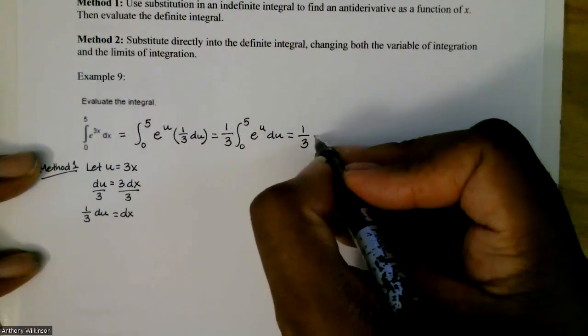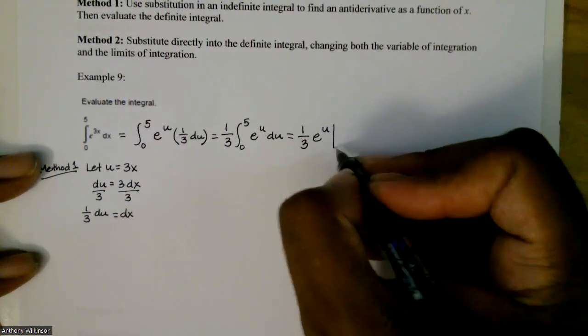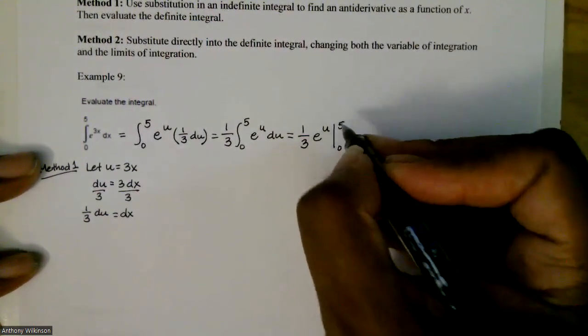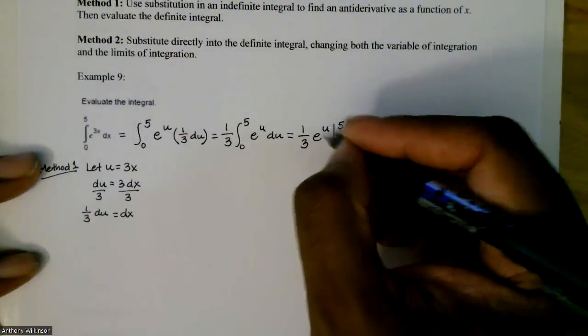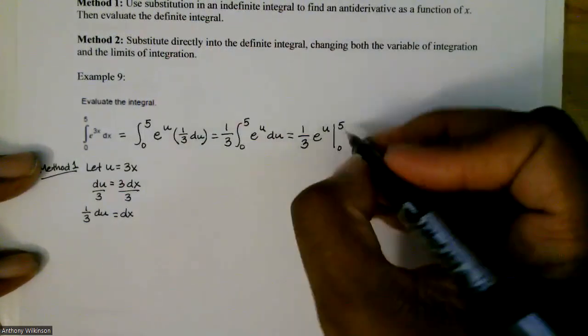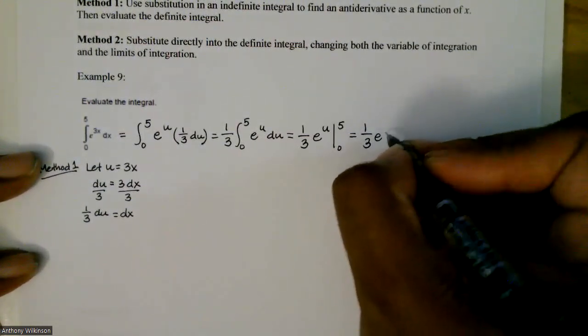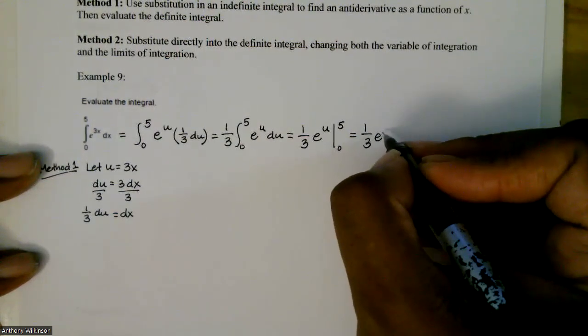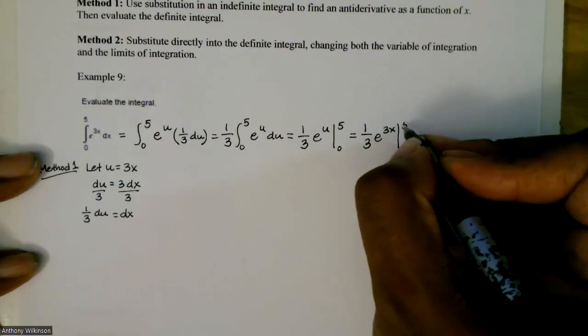So the 1/3 e to the u, and this is going to be from 0 to 5, but my limits are in terms of x. So I need to do the back substitution, replacing that u with 3x, because this has to be in terms of x. So it'll be 1/3 e to the 3x, from 0 to 5.